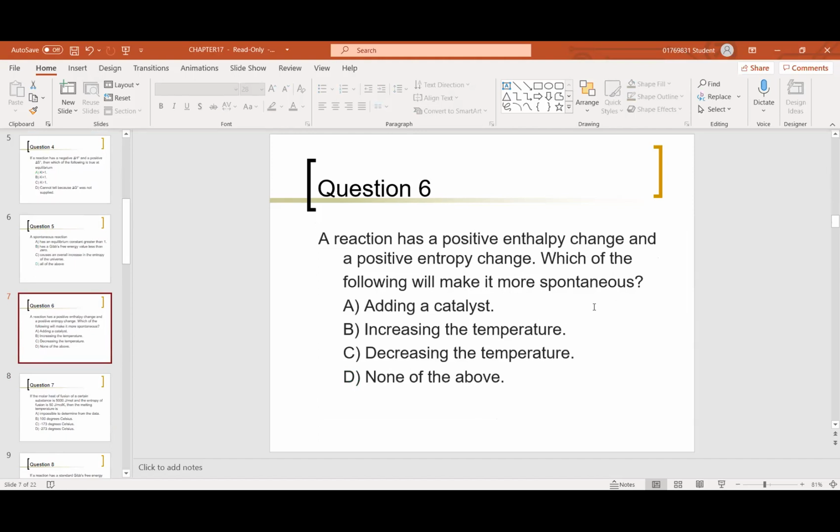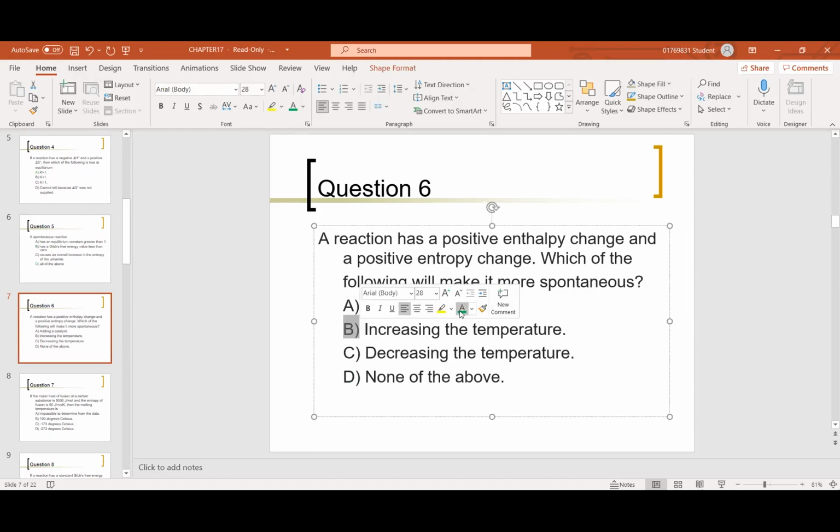So increasing the temperature, I think, would be the answer, because adding a catalyst just increases reaction speed, which I don't think really has much to do with it. And decreasing the temperature is definitely not. So it's definitely increasing the temperature.